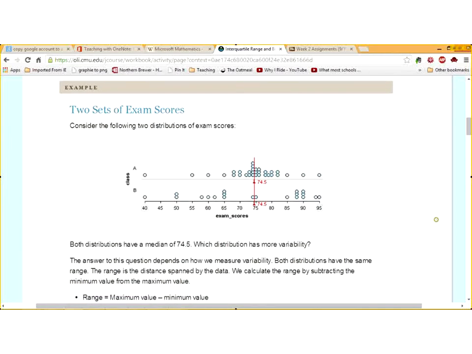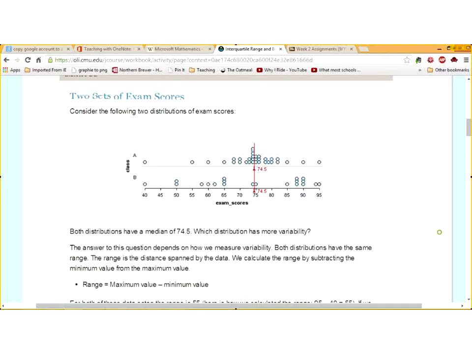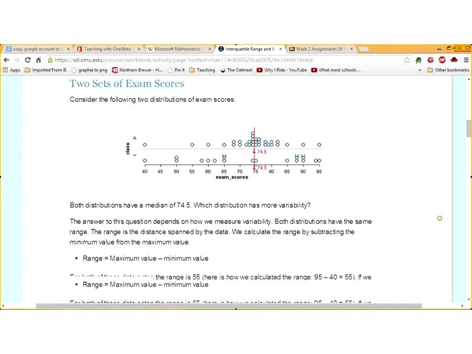They have the exact same median, but it's pretty clear that Class B has more variability than Class A. In Class A, more of the scores are close to the median, whereas in Class B, more of the scores are further away from the median, even though the overall range is exactly the same. So what we want to do is figure out some way to describe that with a number.